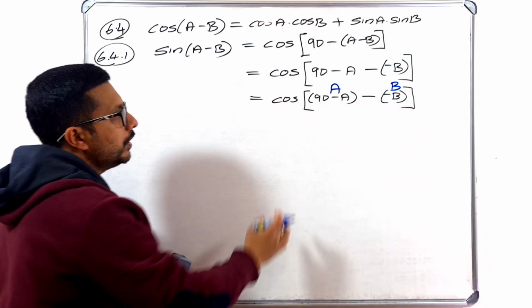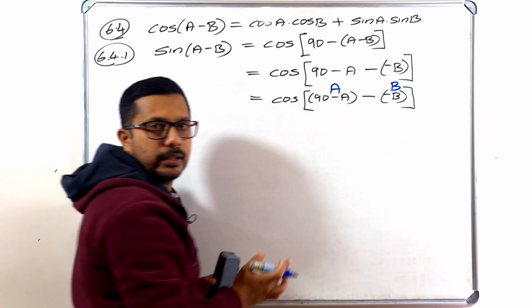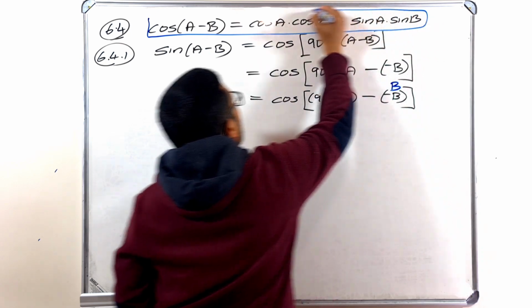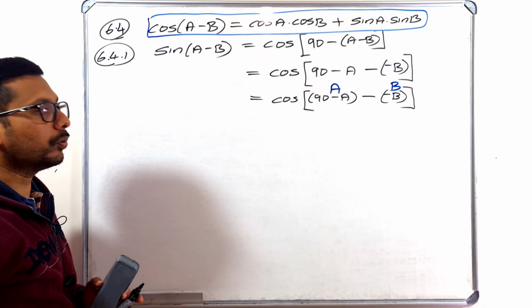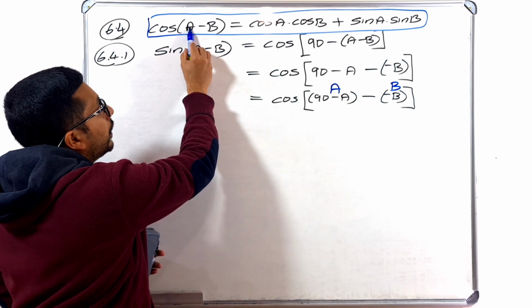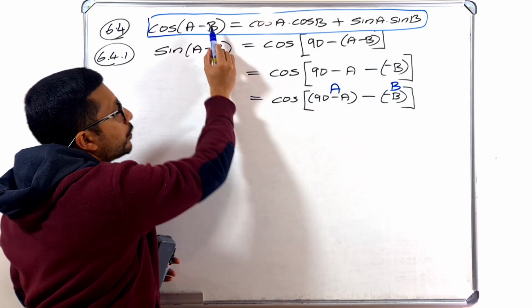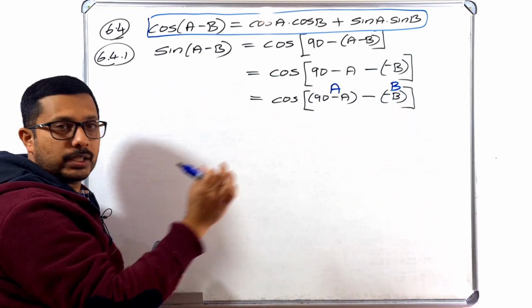Is it not like this, cos of a minus b? That is the given formula. Look at this one, cos of a minus b. The only difference is here a, this one is 90 minus a, and here b, here it is minus b. Otherwise the structure is the same.